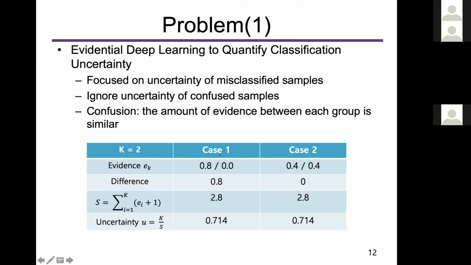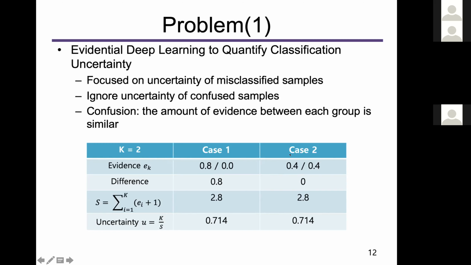It's quite clear that case 1 belongs to class number 1, and we can compute an uncertainty value from here. But in case 2, if the sample looks half like number 1 and half like number 2, then the model will return values like 0.4 and 0.4.